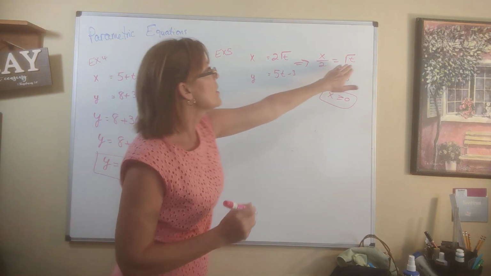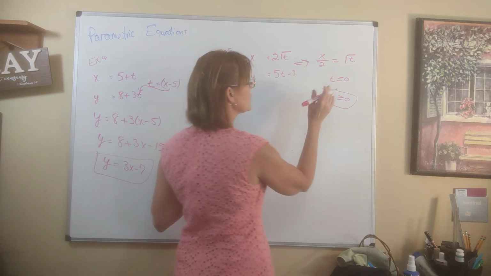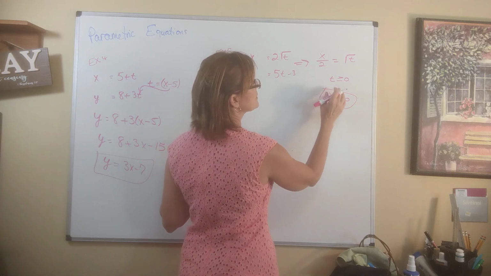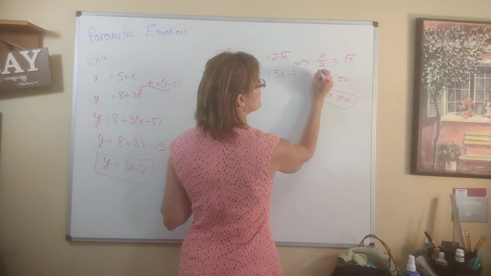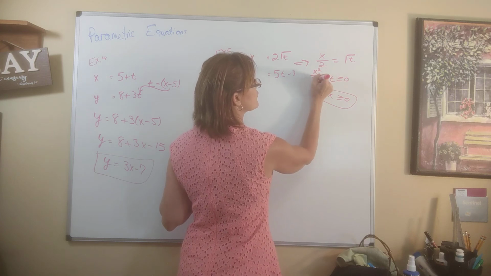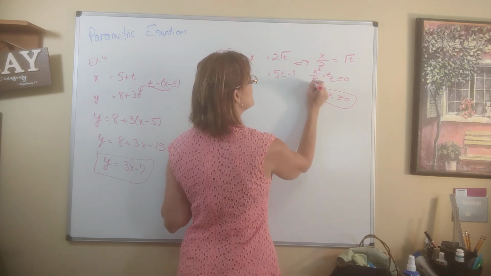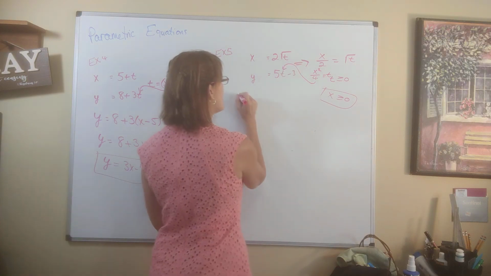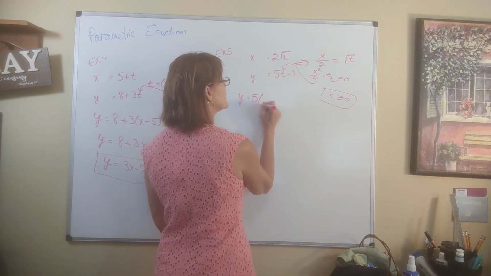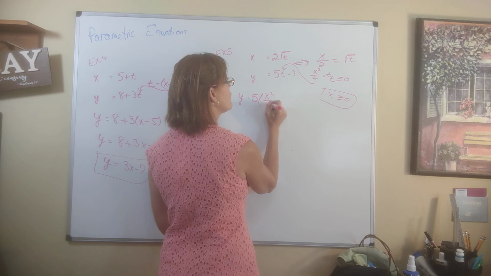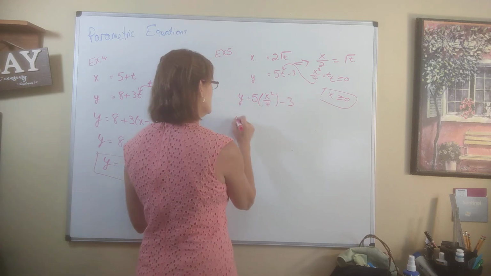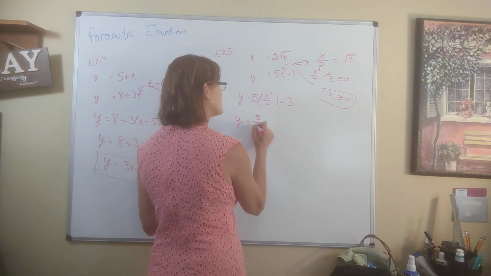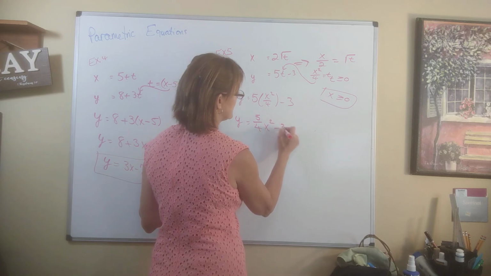Okay, let's solve for t. Square both sides. What we'll get here is x squared over 4 is equal to t. And then we'll substitute this in here. So we get y is 5 times x squared over 4 minus 3. y is equal to 5 over 4 x squared minus 3.